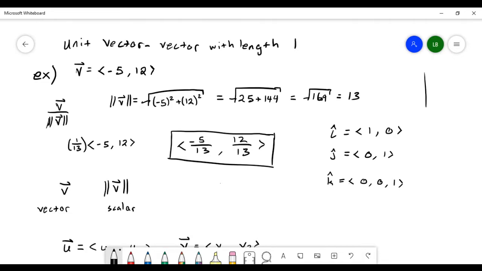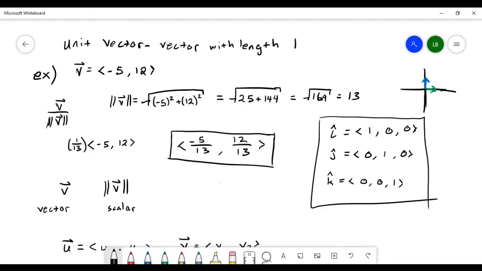And again, if we were to plot these on a coordinate plane, unit vector i would just be like this, right along the x-axis, and j would be right along the y-axis, and they would both have a length of 1. k, of course, would be along the z-axis. And if you were working in 3 dimensions, these last two coordinates, i and j, would both be 0, of course. But you might see these on occasion, and those are just your standard unit vectors.